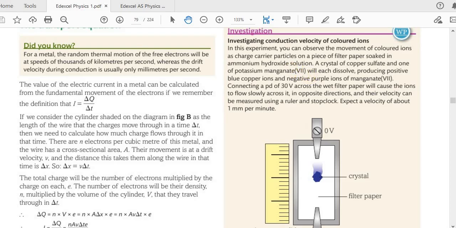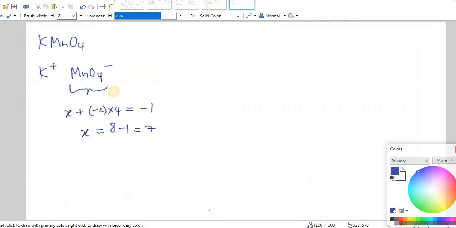I will show you the way to get this number. For chemistry, you would have learned this. Potassium is in group 1, so we have K plus. Because of the ionic bond, it separates into K plus and MnO4 minus.